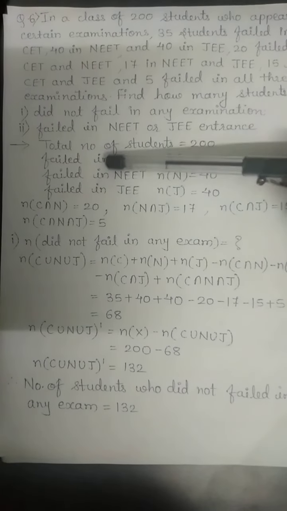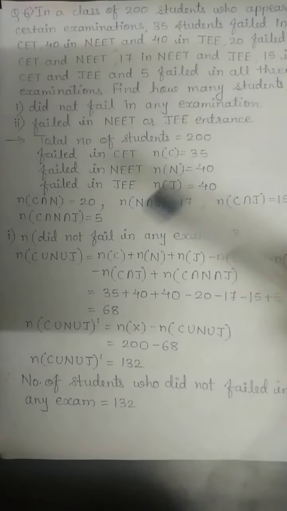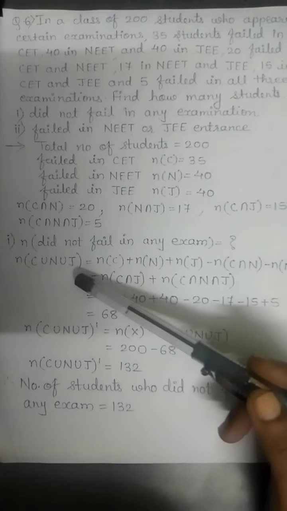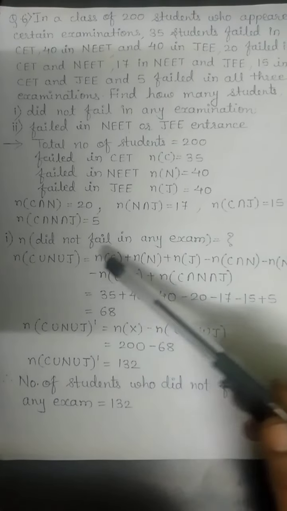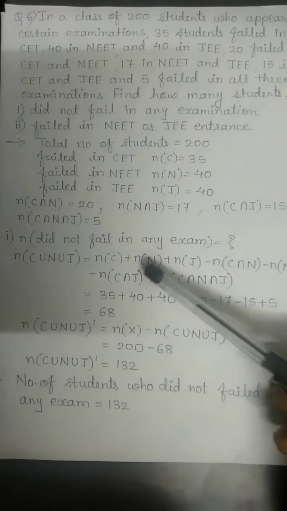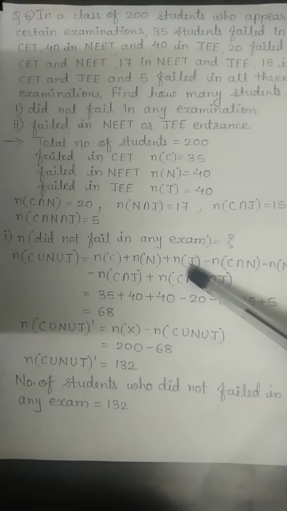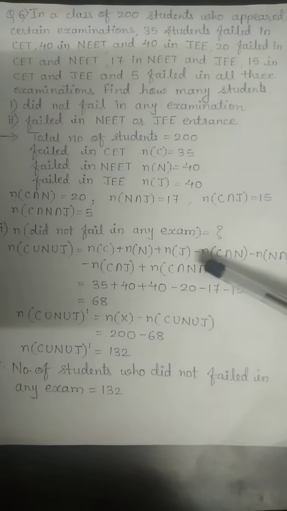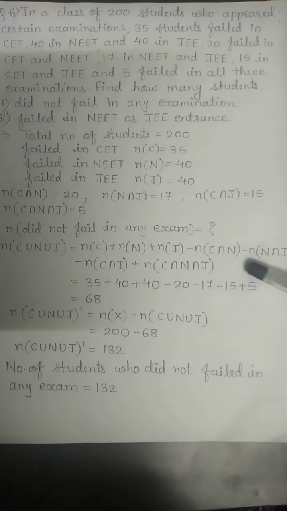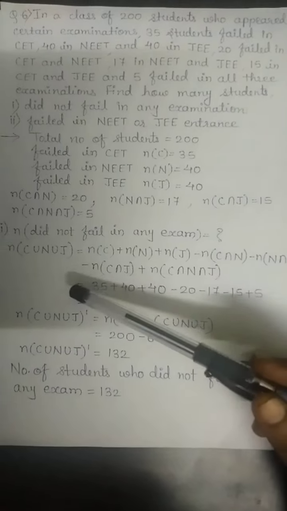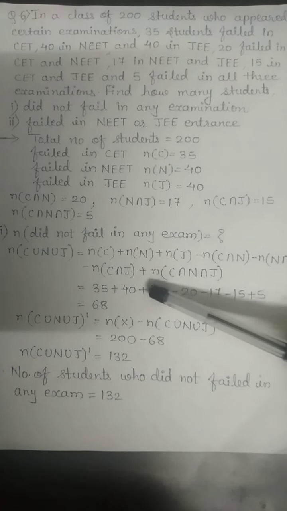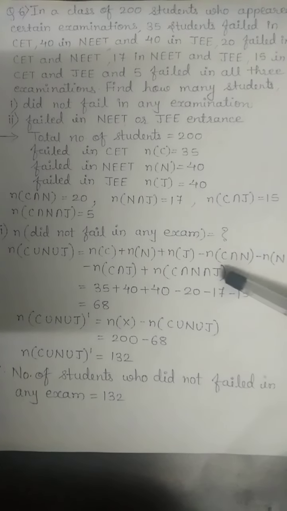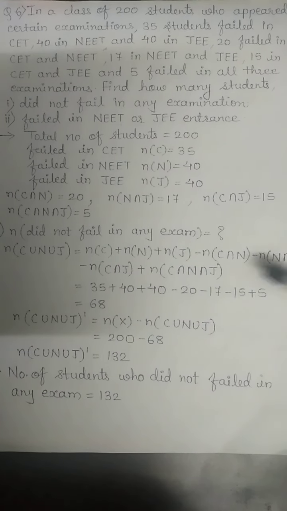Since we have information in the form of failed students, first we will find the number of elements present in C union N union J, and the formula for this is n of C plus n of N plus n of J, the addition of these three, minus n of C intersection N minus n of N intersection J minus n of C intersection J plus the number of elements present in C intersection N intersection J. Now we know the values of all these.